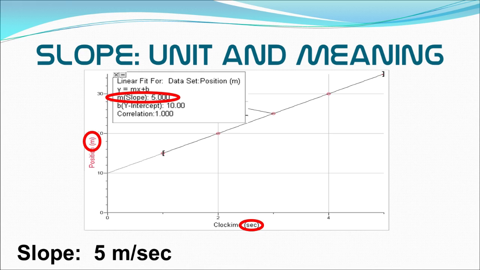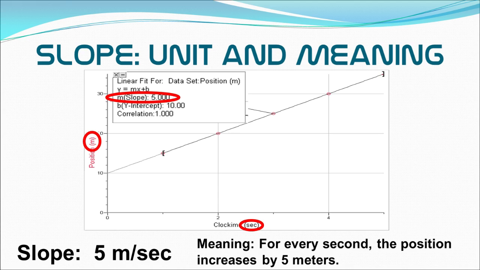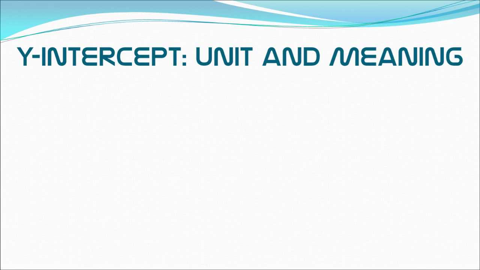If I wanted to explain this slope relative to this graph, I could say that for every second, the position increases by 5 meters.